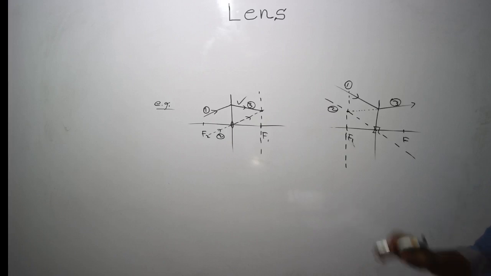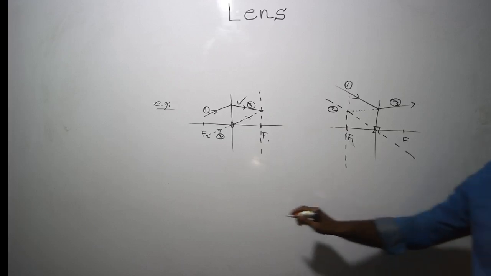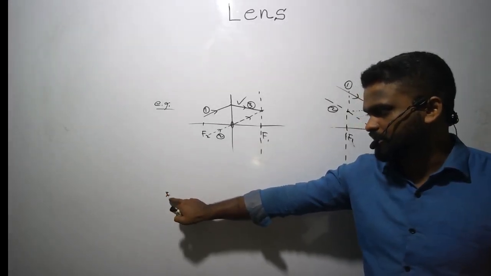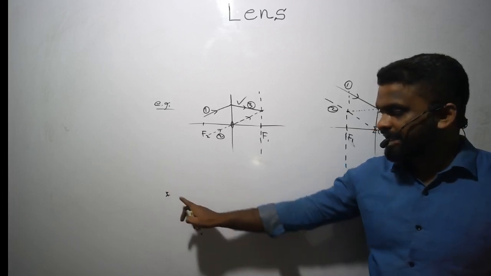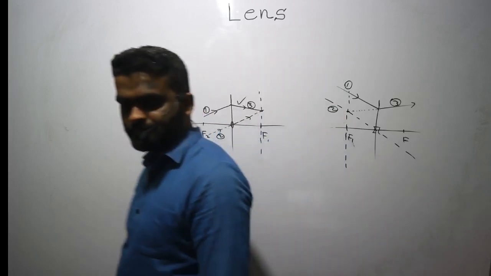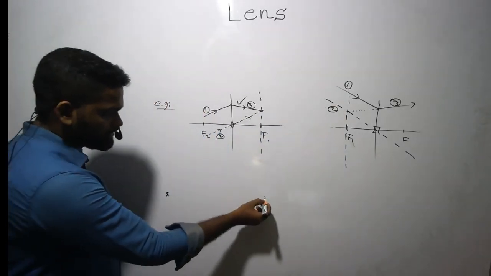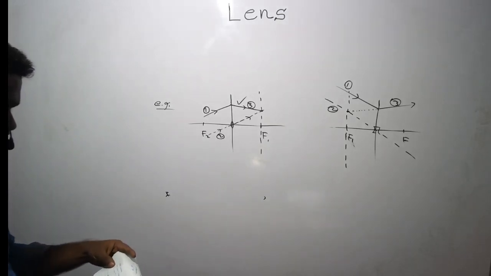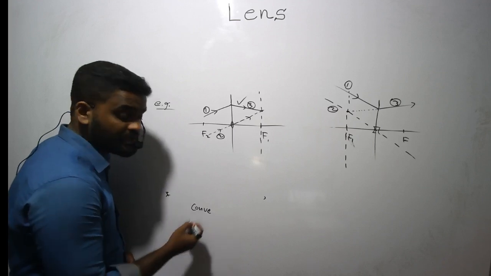Right. You have to understand these, right? 100%. Then as a separate point, put an asterisk mark here and write down: in a dense medium, comma, what happens to the convex lens?